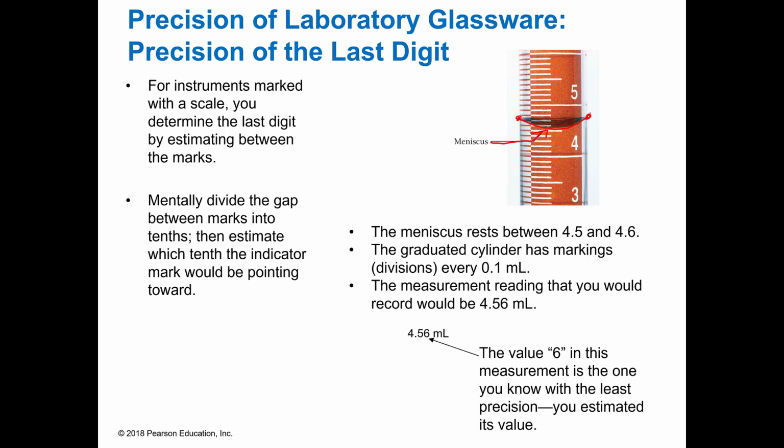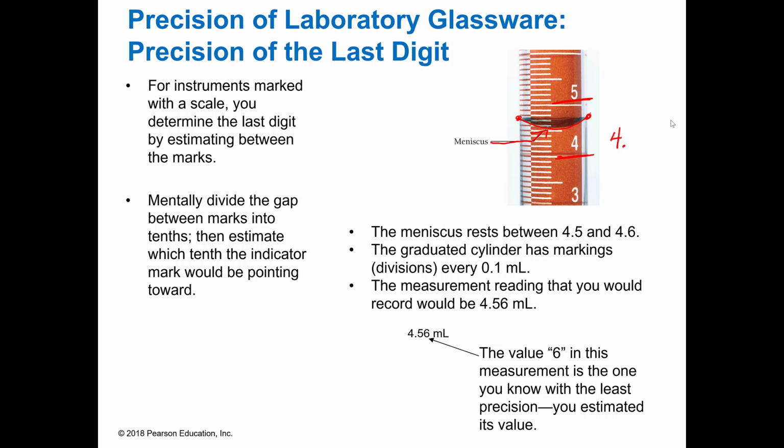So when we're making a measurement, we're going to look at this. Notice that the 4 is here and the 5 is there. When I'm deciding the number that I'm going to record, I know that it is greater than 4, but it's not quite 5 yet. So the first number will be a 4, all right?